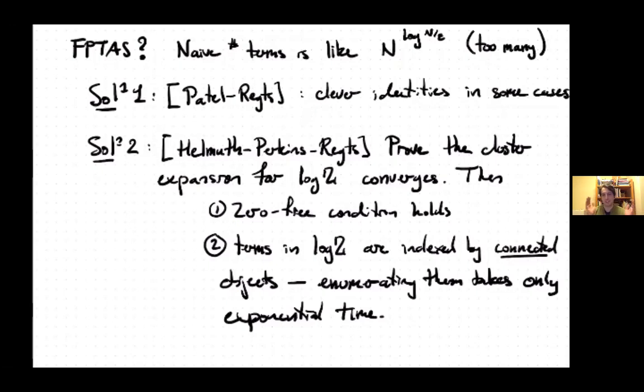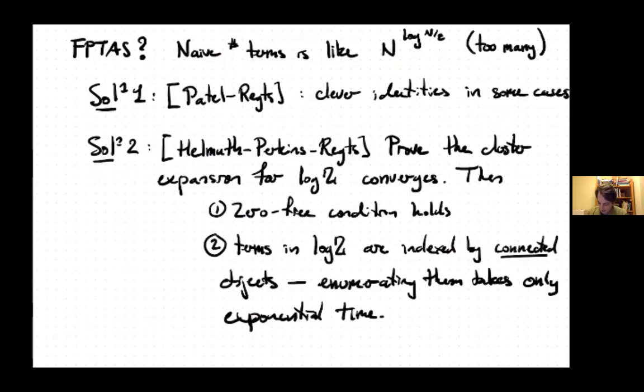That tells you that there's a zero free region, like in Barvinok's lemma. And it tells you that the terms in the expansion for log Z, so the Taylor coefficients, are exactly indexed by connected objects. So the advantage of having connected objects is that enumerating connected objects takes exponential time in their size under very general conditions.